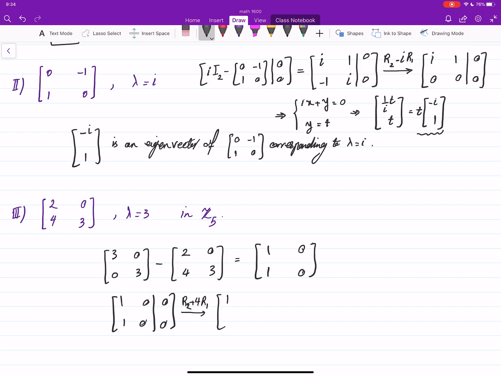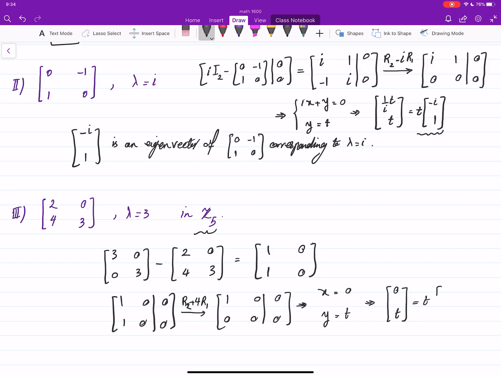That will give you 0, 0, 0 here. And that means that x is equal to 0, and y is any, this is a free variable. So this means that 0, t for any t in Z5 is a non-zero solution for that.